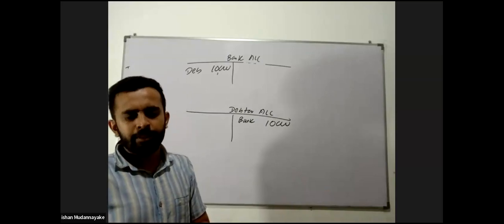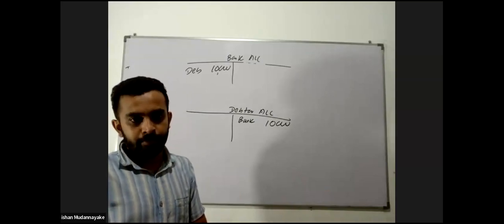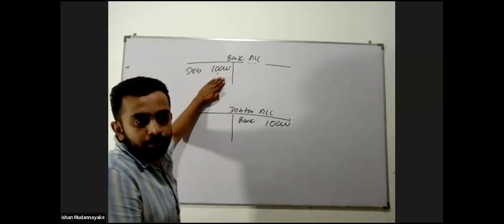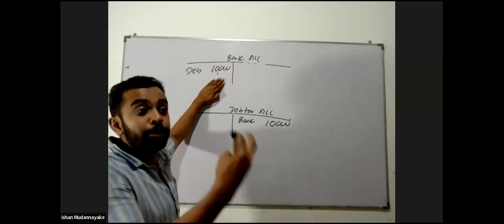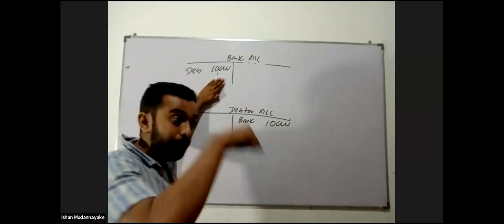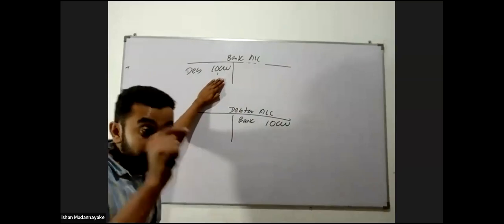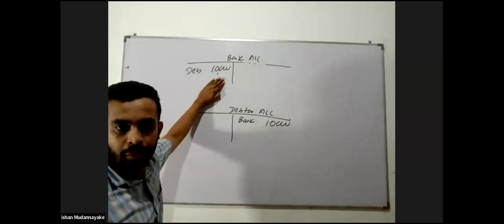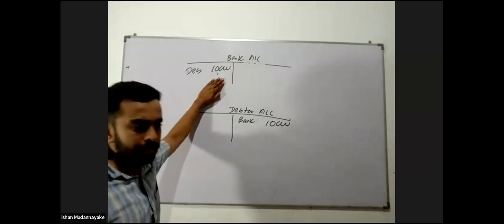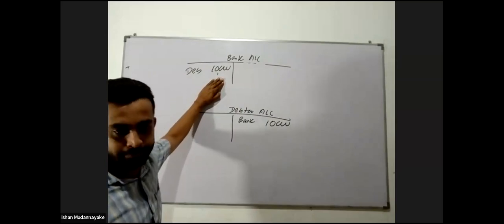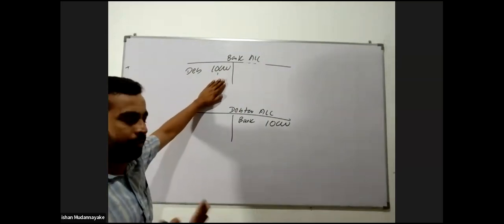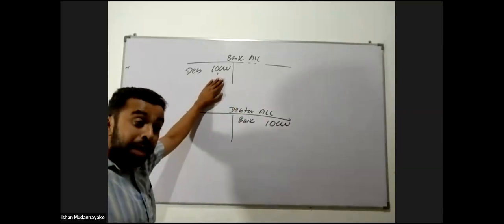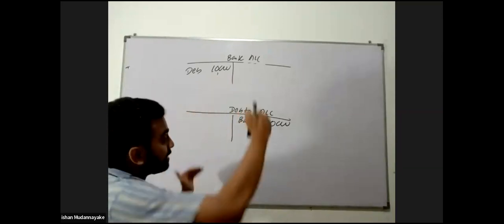Return means although you deposited this 10,000 in your bank account, you are unable to collect cash into your bank account. The bank refused to collect cash for this check. We'll discuss reasons for dishonoring of checks later. Then, if the bank returns this check, you need to reverse this entry.